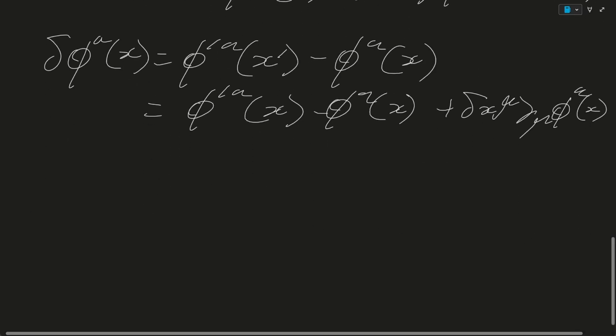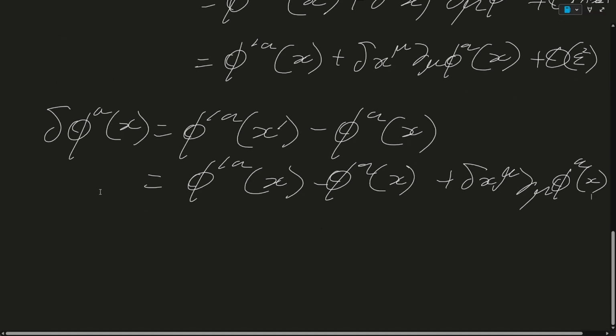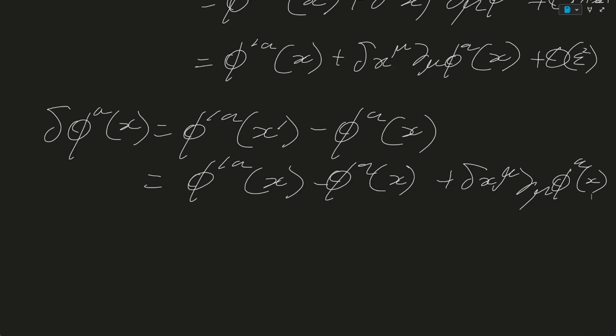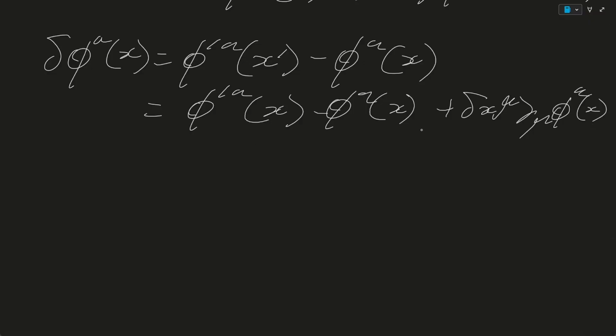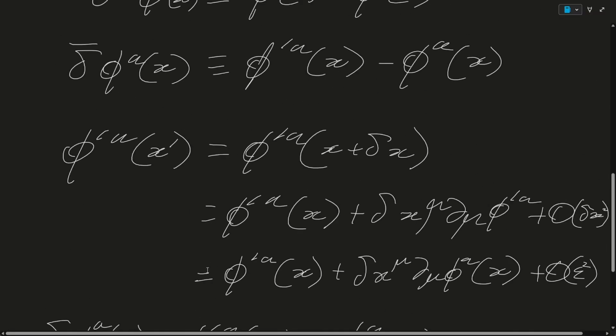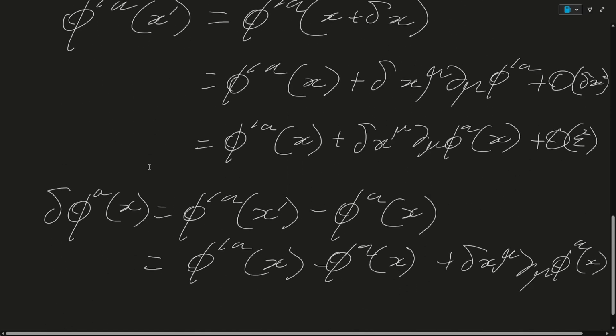Now this is great because we currently have something that just is taking an x. We don't have any x dash anymore. And so we can do something useful and extract the fact that this is notably our intrinsic variation up here.